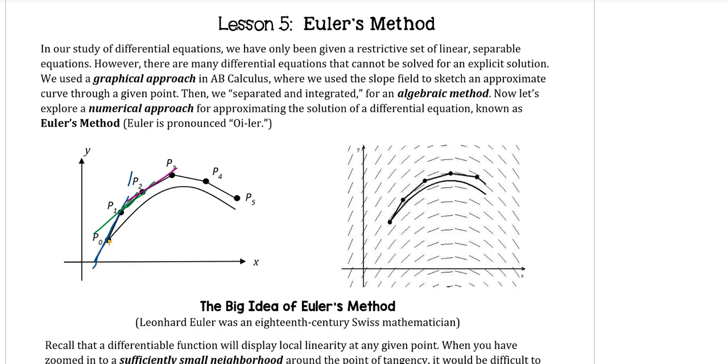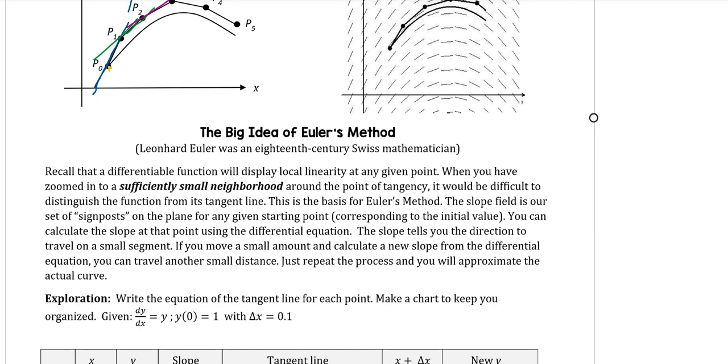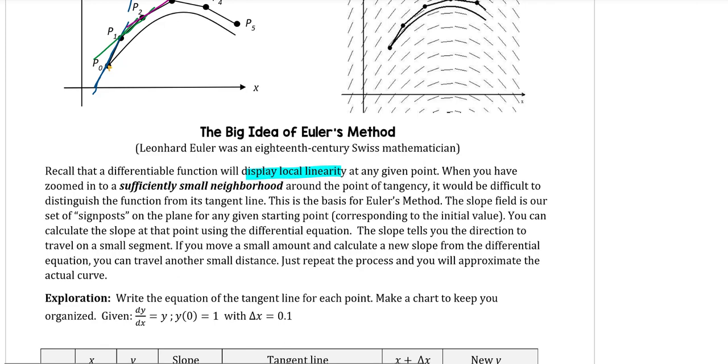Then you do this, and as you see, we are making our case for how to draw this approximation curve. If you see them together on the slope field, you can see how they're related to each other. If you zoom in on a very small area, we can display local linearity, and you want to be as close as possible.